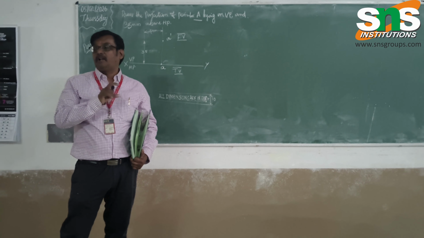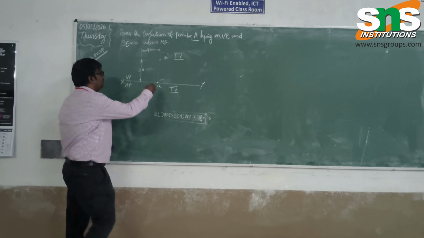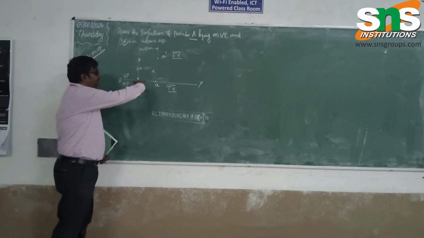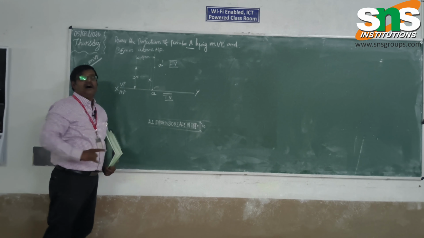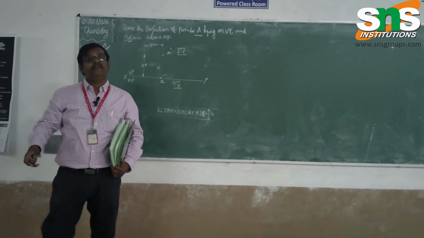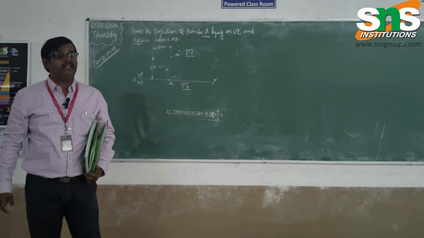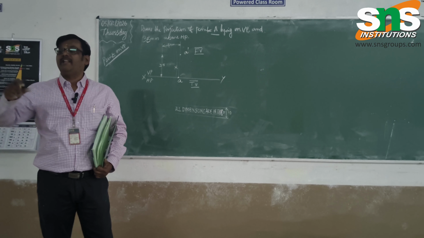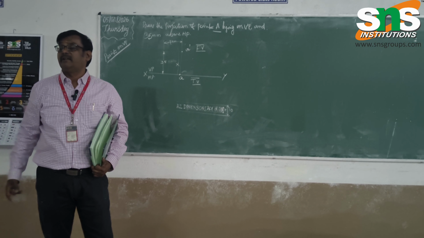Hope you got all your doubts cleared. Sir, can I draw very near to this? No, this is wrong. You have to maintain a minimum of 40 millimeter, or even 20 to 30 millimeter based on your drawing sheet space availability. So decide between 20 and 40 millimeter, and do not take more than that. Thank you very much.